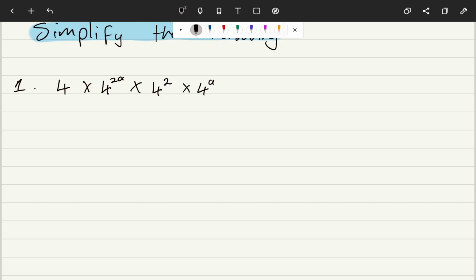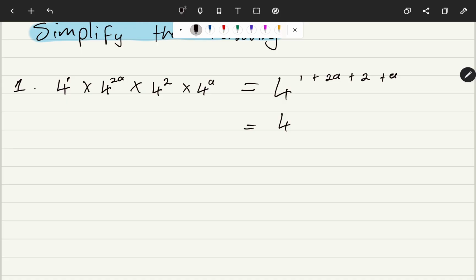That's number one. And number two, we are multiplying. You already remember that when we have the same bases and you multiply, you add the exponents, right? So you already know that your answer is going to be your base, which is 4, to the power of, here it's 1, so you will say 1 plus 2a plus 2 plus a, right?